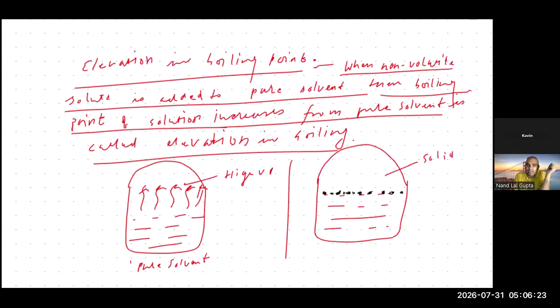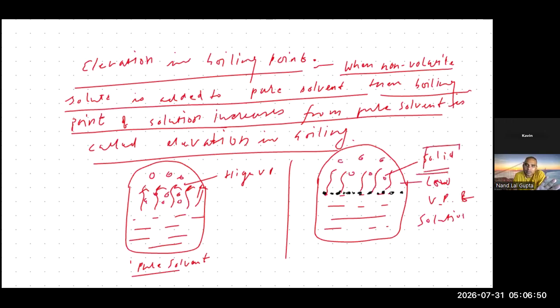The vapor pressure of the solution will be low, but the pure solvent vapor pressure will be high. Why is vapor pressure low? Because the solid particles are occupying the surface area.